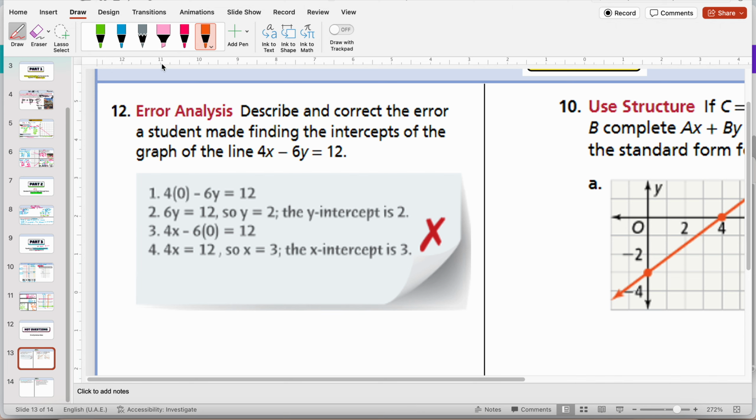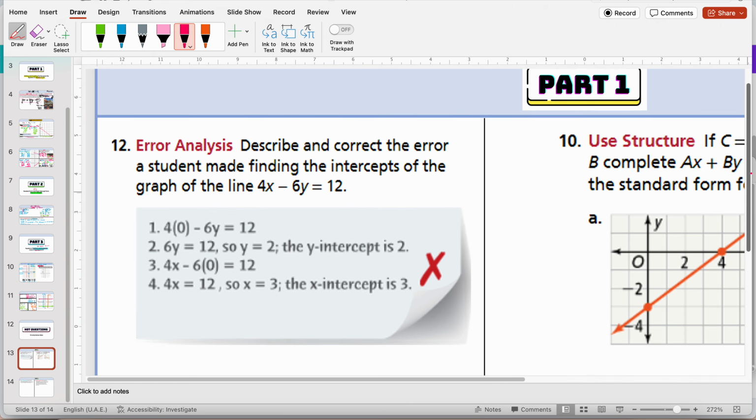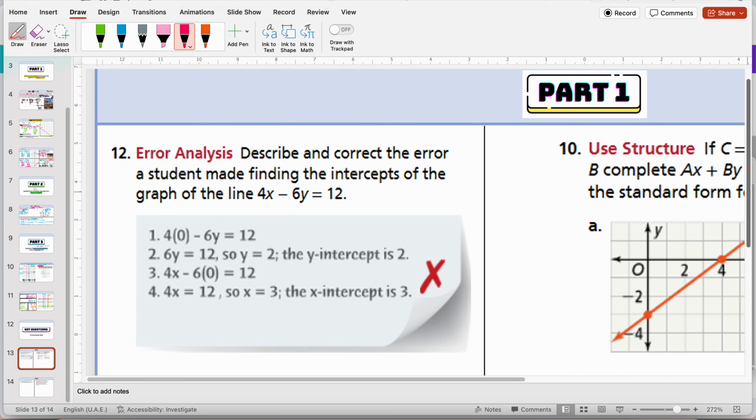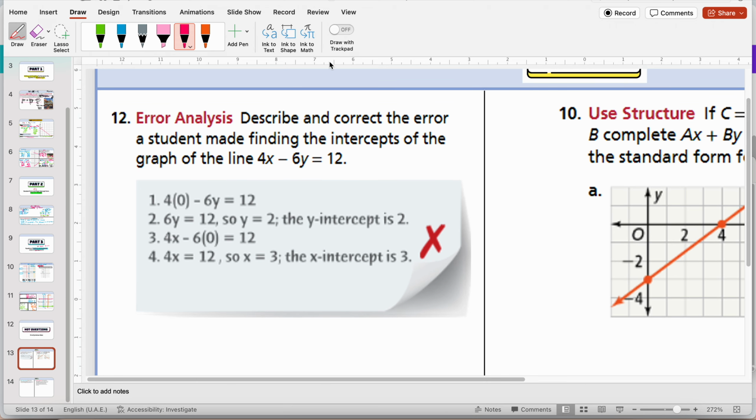So here we have this question, which is related to part A. If you're stuck at this part, you can go back in the video to part A. Describe and correct the error a student made finding the x and y intercepts on the graph of this line. The student said 4, 0, so he put x as 0 to find the y-intercept.